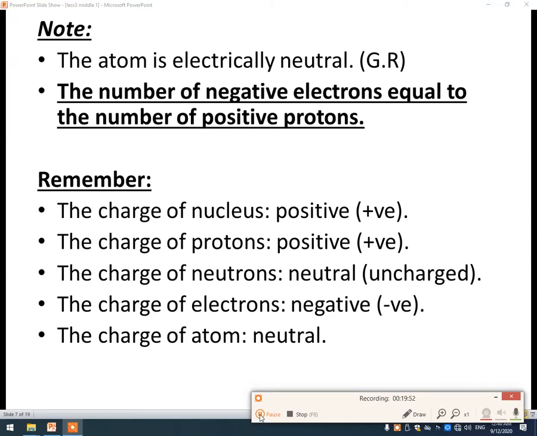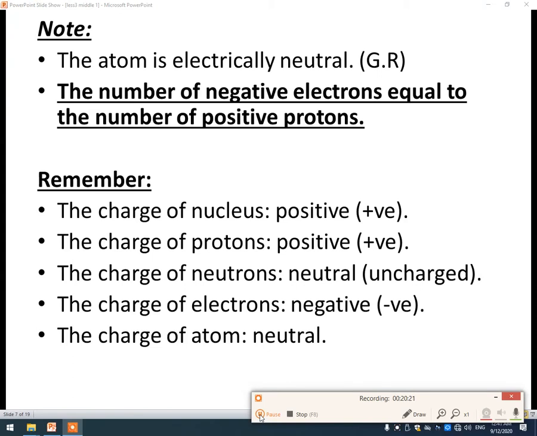Okay, you have to know some notes here. Remember, number 1, the charge of the nucleus is positive, because it consists of positive protons and neutral neutrons. Number 2, the charge of a proton is always positive. Number 3, the charge of neutrons is neutral, or you can say uncharged.